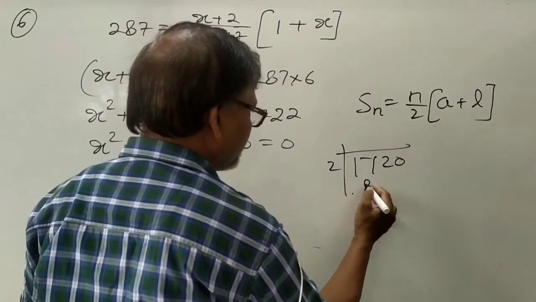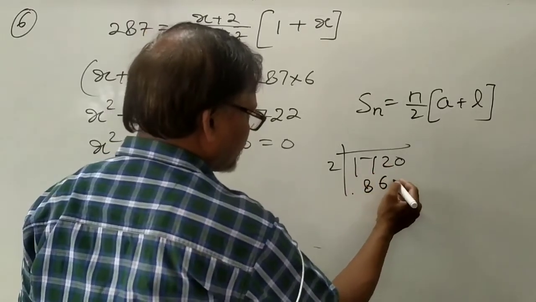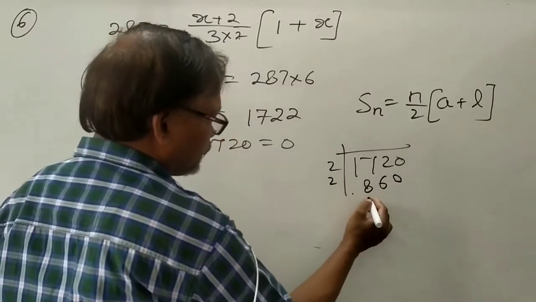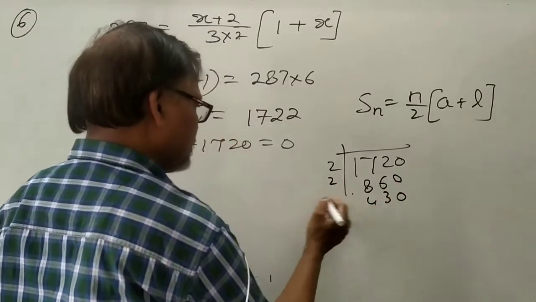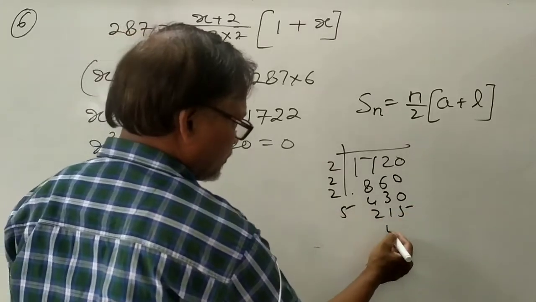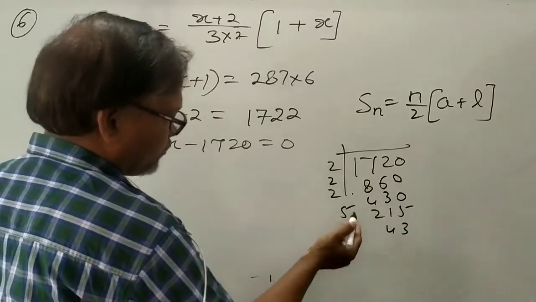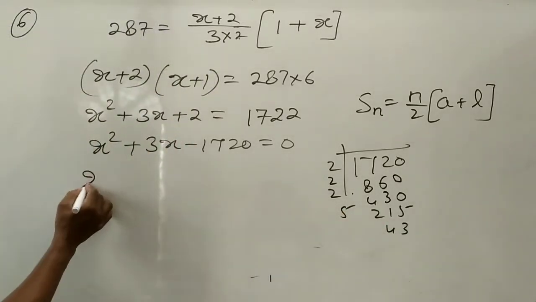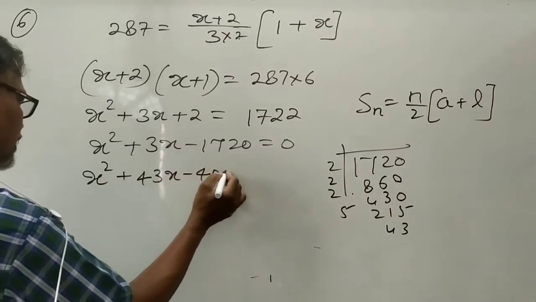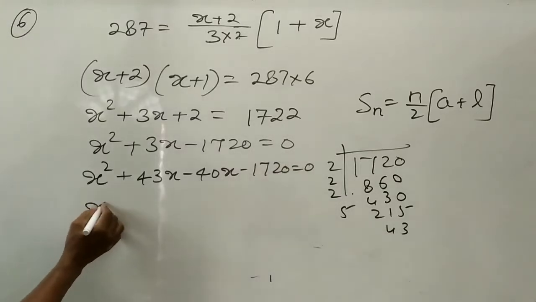Divide by 2: 2 8s are 16, 1 2 6 and 0, 2 4s are 8, 2 3s are 6, 2 2s are 4, 2 5s are 10. Okay, 40 and 43, very easy, plus 43x minus 40x minus 1720 is equal to 0.